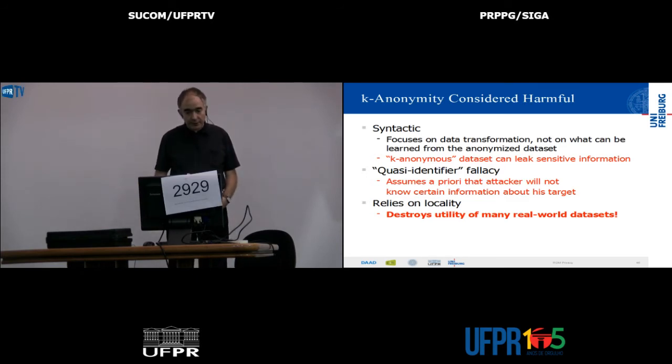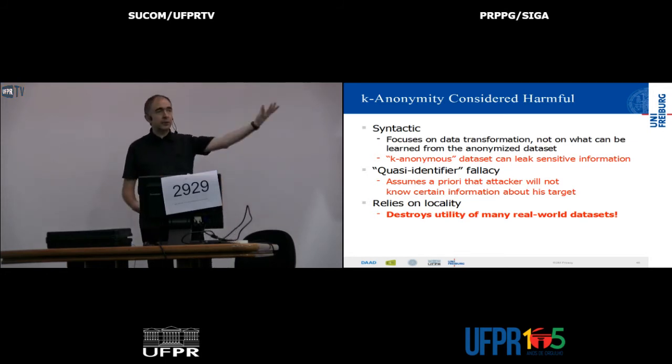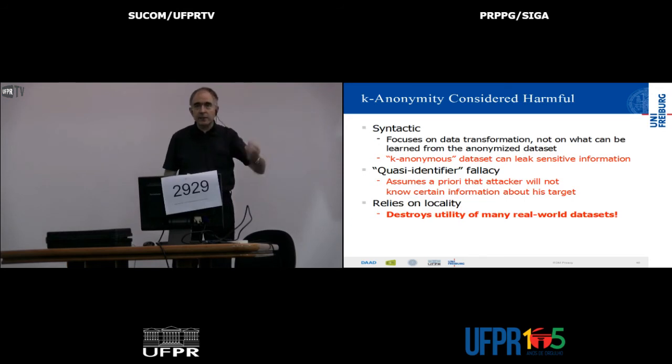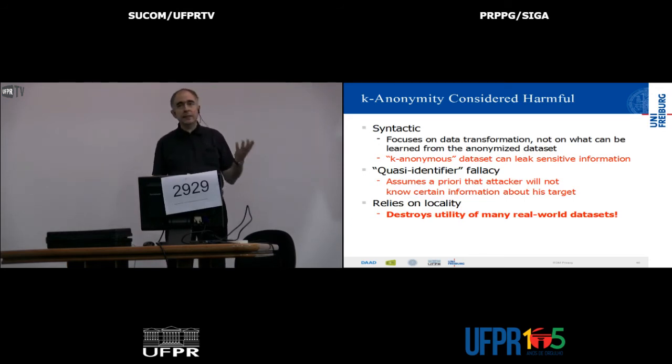It relies on locality, and therefore it destroys real-world data sets like Amazon. So this k-anonymity concept, which was around in computer science for a long time and still is in class, fails miserably. Frustrating, isn't it? So we are left with no concept.